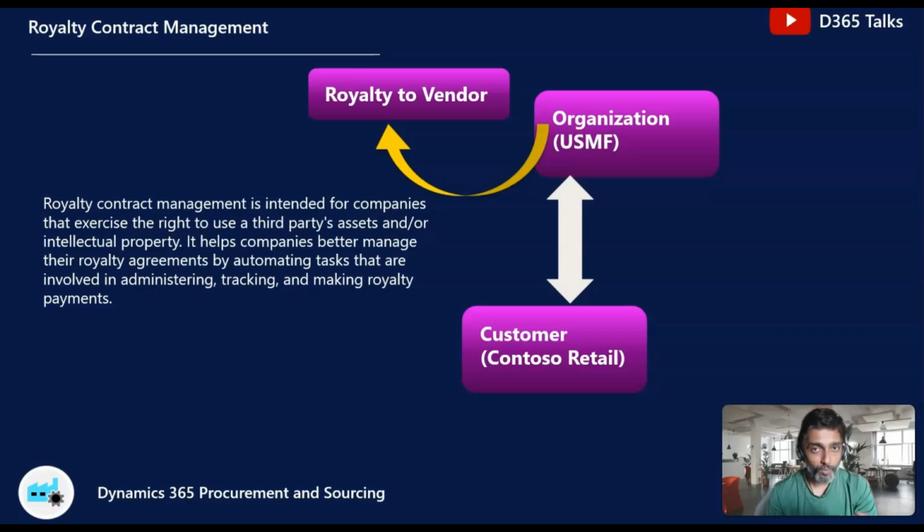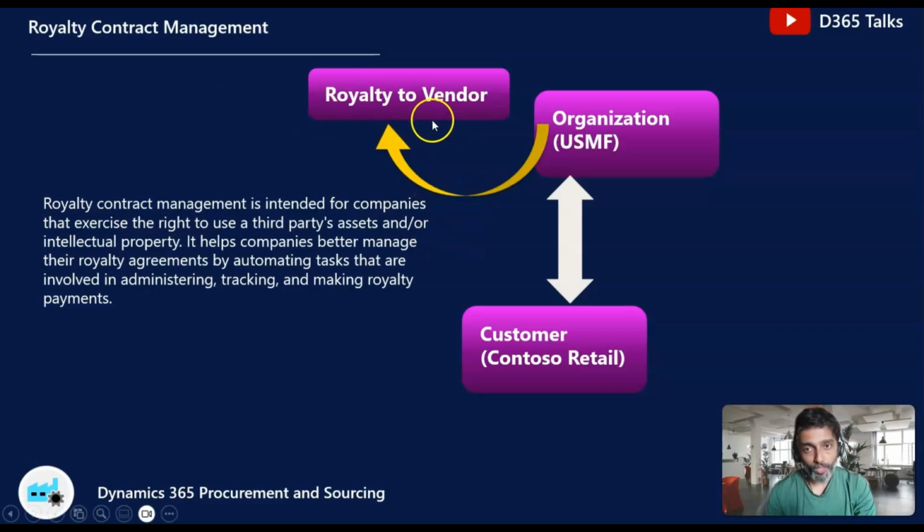Which is very similar to what we have done in case of vendor rebate agreement or broker contract management. So please check out the same. Some of the configurations related to royalty I'll be going a bit fast. So if you have already watched that video, then it absolutely makes sense to continue with this particular one.